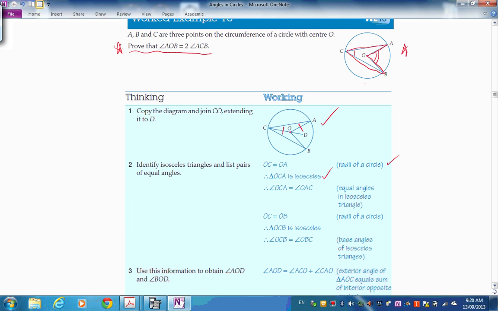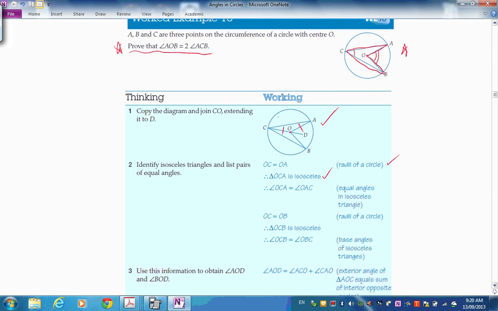Okay, and then OC equals OB, that one there, because that's another radius. Every line from the centre to a point on the circumference is equal on the definition of our circle, and therefore that triangle in there is also isosceles, and therefore OCB equals OBC. So let's start to mark these in.